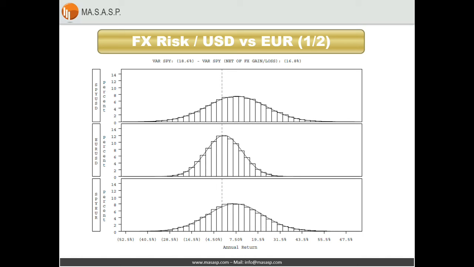MASASP simulates the system return distribution, the topmost chart, the Forex gains and losses distribution, the middle one, and the combined return distribution at the bottom. The latter takes account of the former two distributions according to the formula shown in the previous slide.